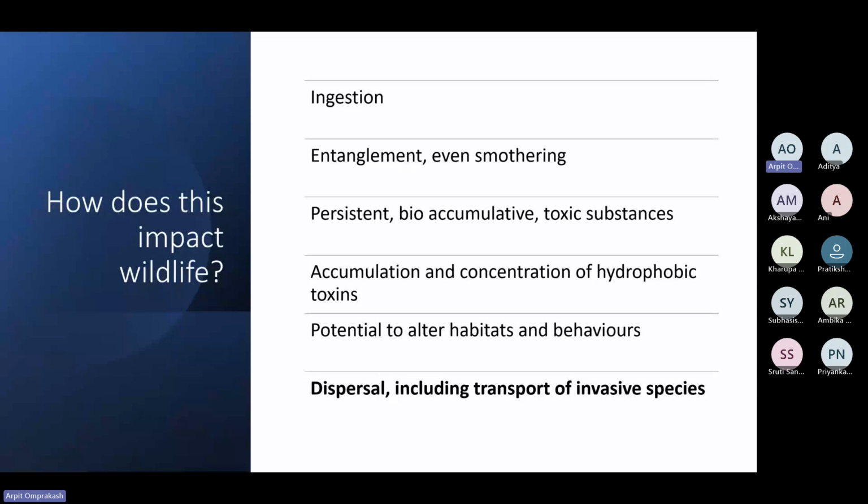The last point is dispersal, including the transport of invasive species. So what does this mean? Let's say we have a mainland here and a small island here. Generally, for organisms to go from here to here, they would need some kind of raft.